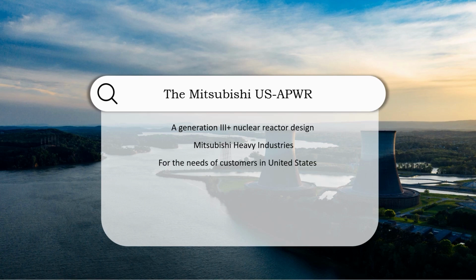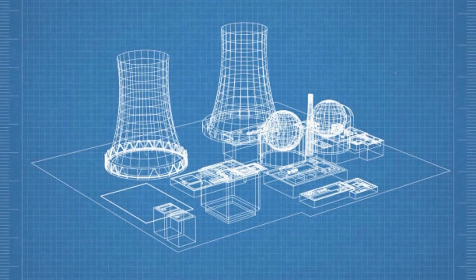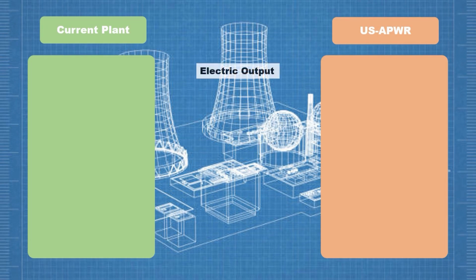It is a highly efficient 1700 megawatt class plant which utilizes the latest development technology with better efficiency and enhanced safety systems. It also complies with international safety requirements, including those of the US. In comparison with current nuclear power plants, the US-APWR is improved from 1,180 megawatts to 1,700 megawatts electric output.